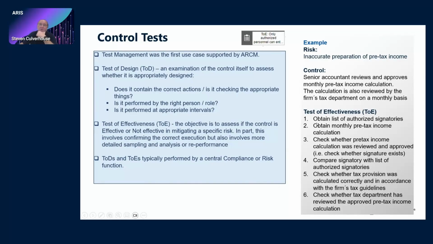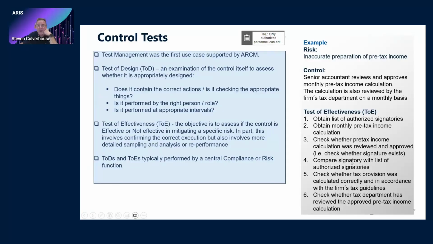But now what we want to do is say, right, we need a list of authorized signatories. Let's get the monthly pre-tax income calculation, and let's check whether this calculation was reviewed and approved as it should have been, for which you can rely on your control executions, of course.